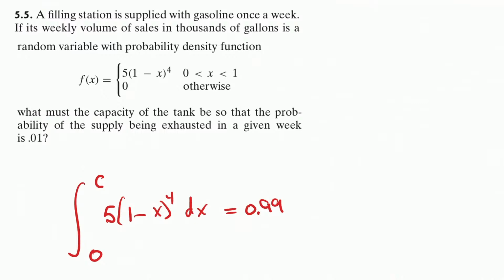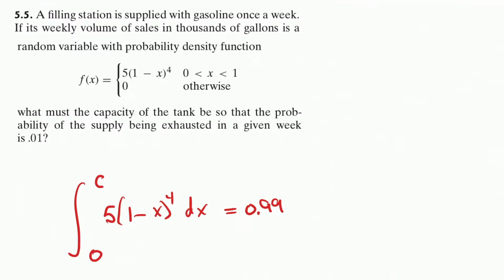Okay, so the filling station, I've got the method written down here. So notice what it's asking. It's asking, what is the capacity? So here's C for capacity. What capacity should you have so that the probability of exhausting your supply would be only 0.01? So we want to fill this tank up to the point where it's only going to run dry 1% of the time.